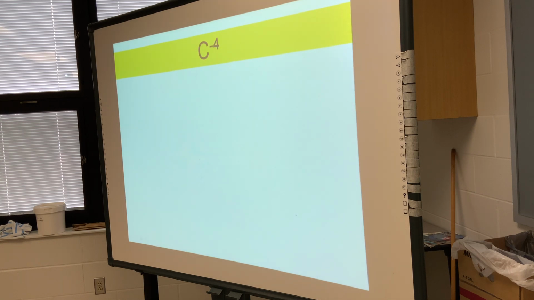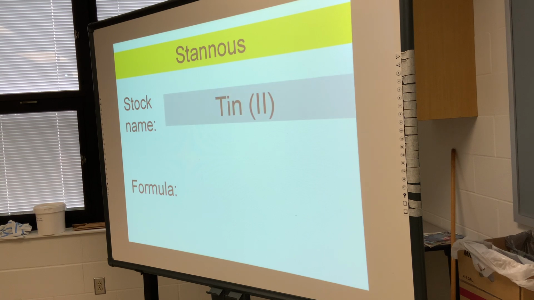C negative 4 is carbide. Two charges for tin, 2 and 4. Which one is this one? 2, positive 2.